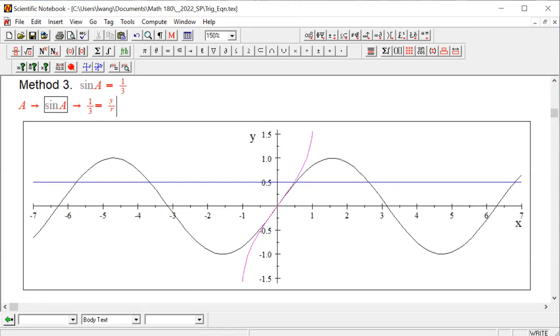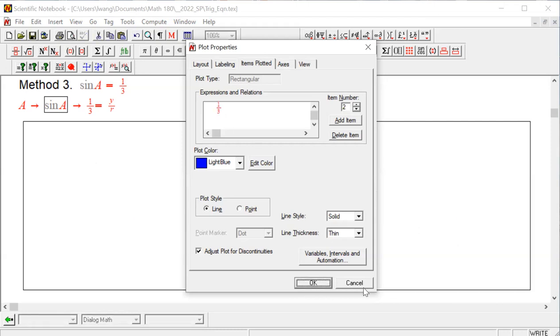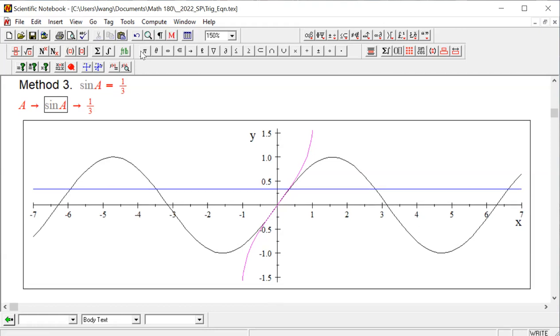We will still have that line here. So here we just draw 1/3. 1/3 is not special, but it's okay.